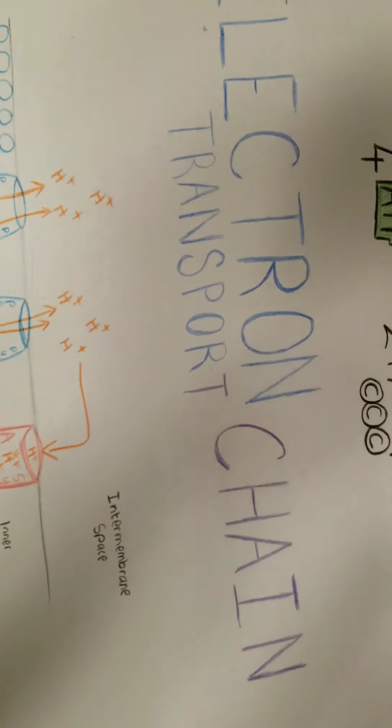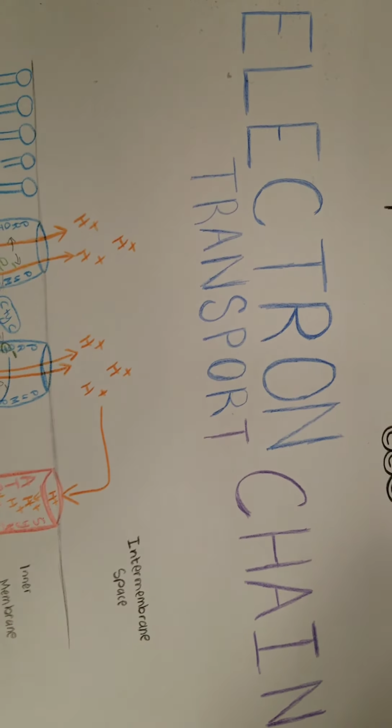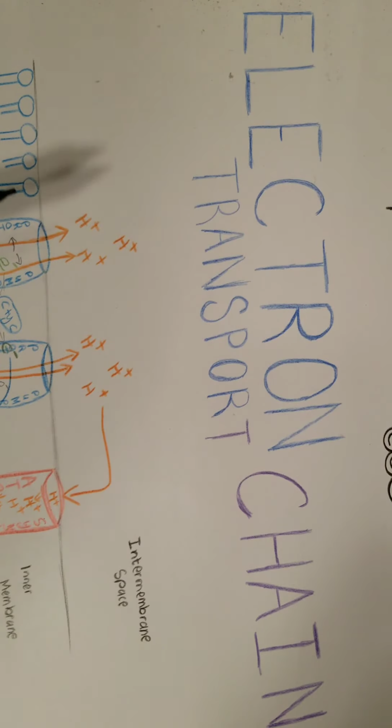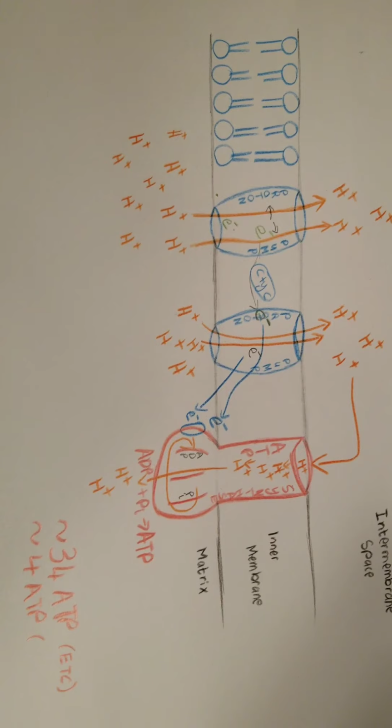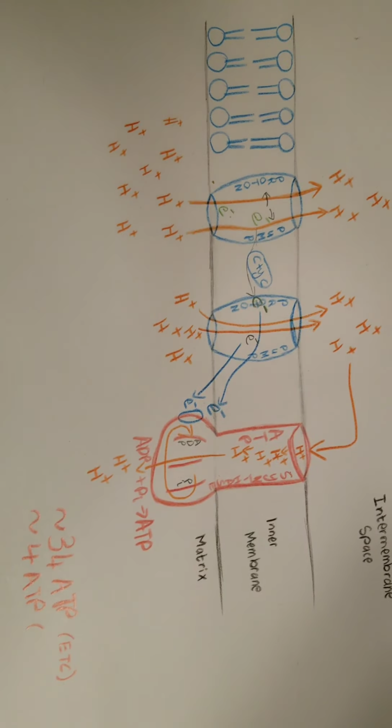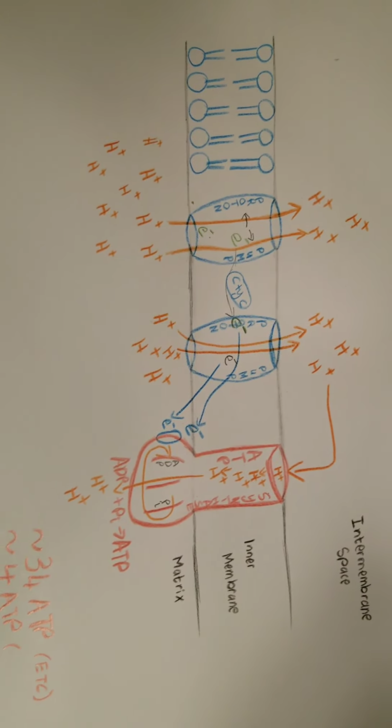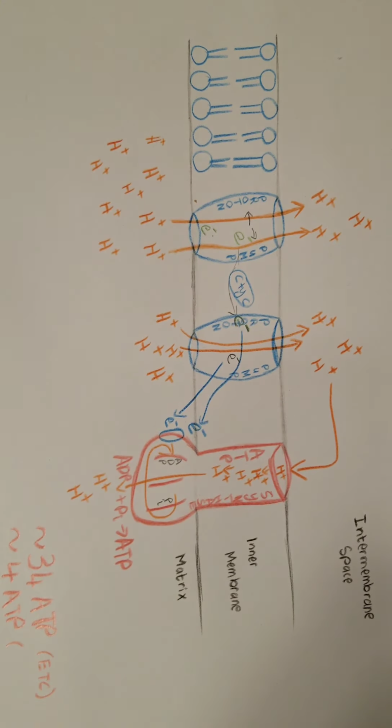Okay, in this step, we're going to be talking about the electron transport chain, ETC. All right, so let's make sure we get to the diagram right here. Basically, what's going on over here is a lot of things, words, molecules moving around. Okay, let's break this down.